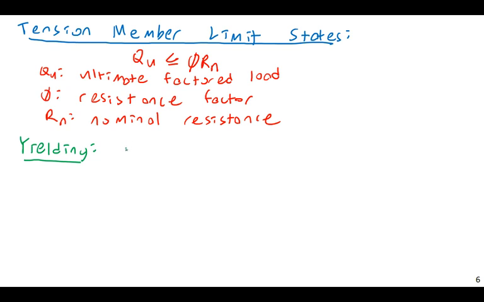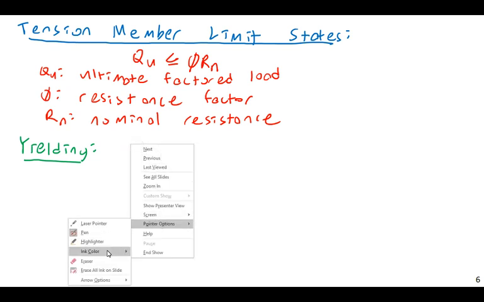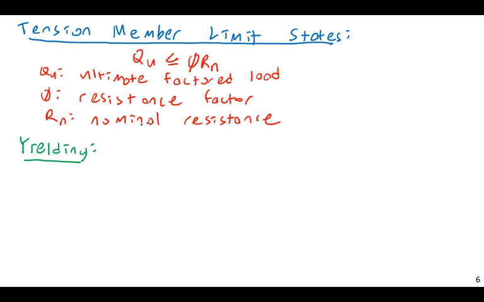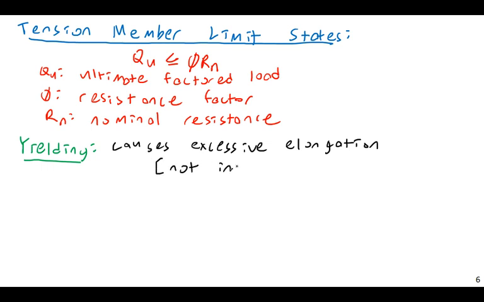Yielding is a stress that causes excessive elongation, and this doesn't really happen in the connection area.